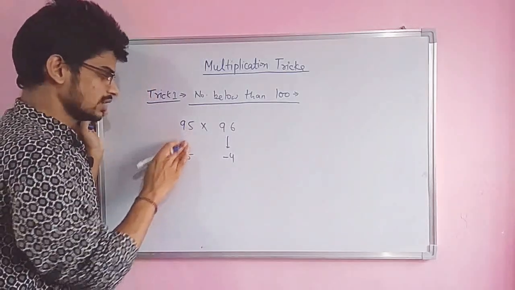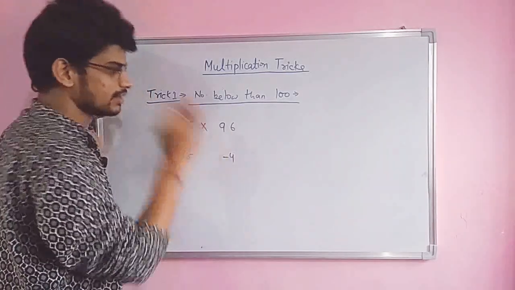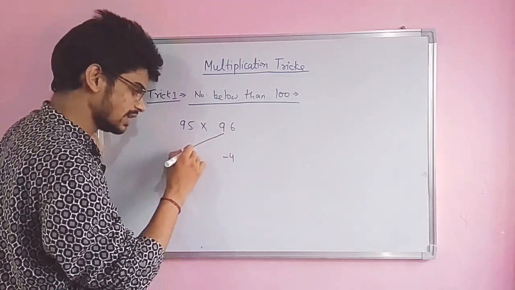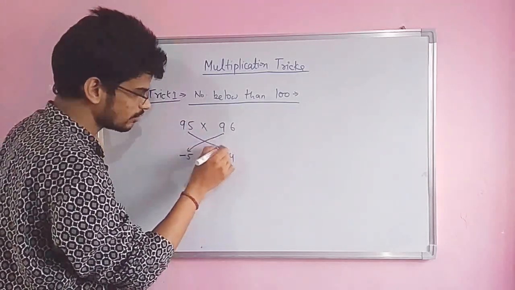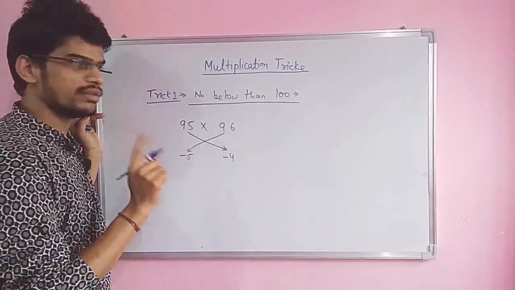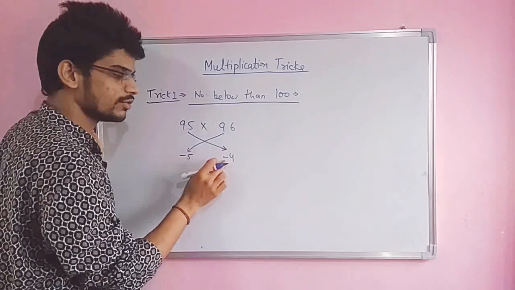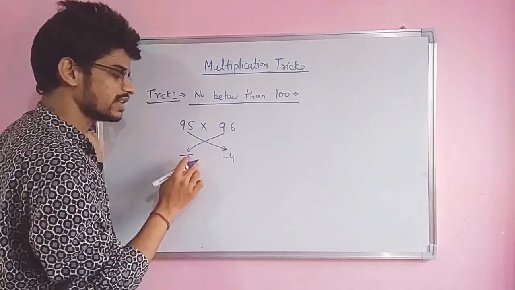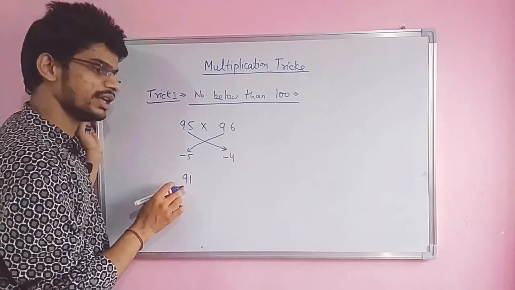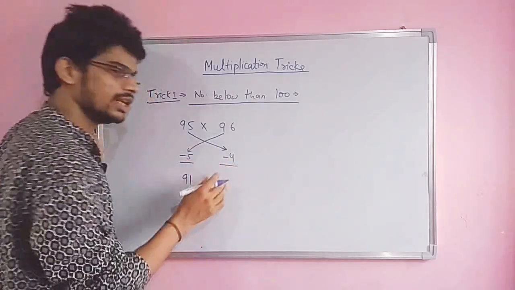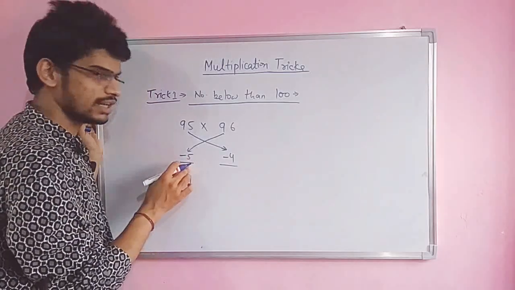Now subtract the lesser value diagonally from both sides. We get the same value: 95 minus 4 is 91, and 96 minus 5 is also 91. Now multiply the lesser values by each other.